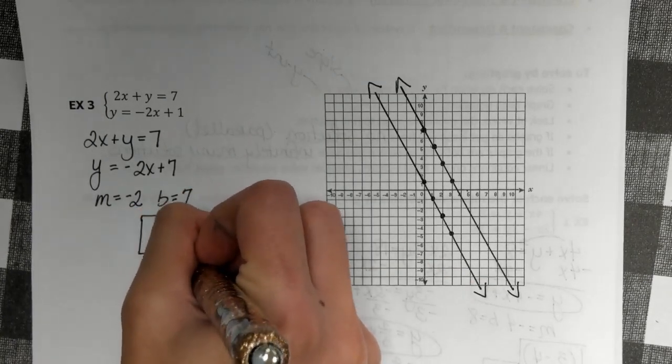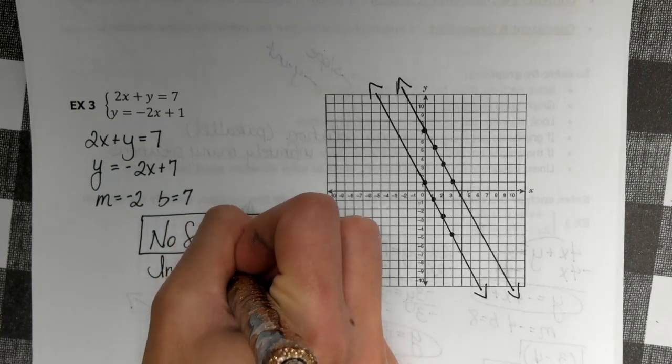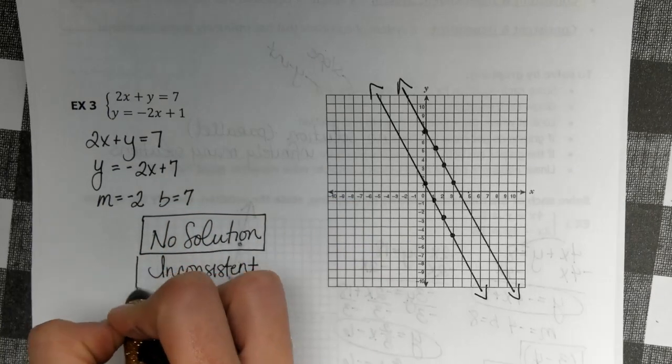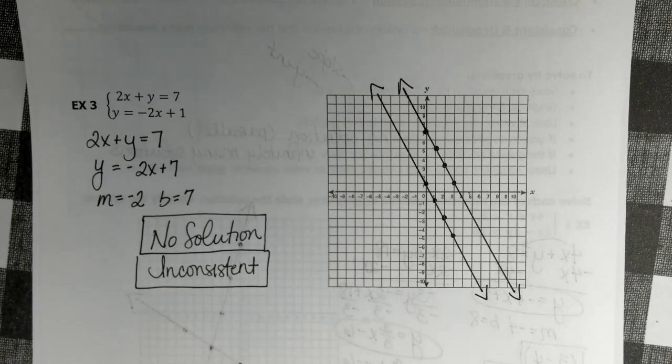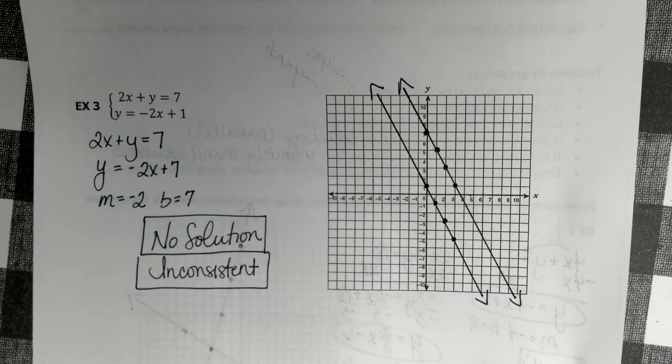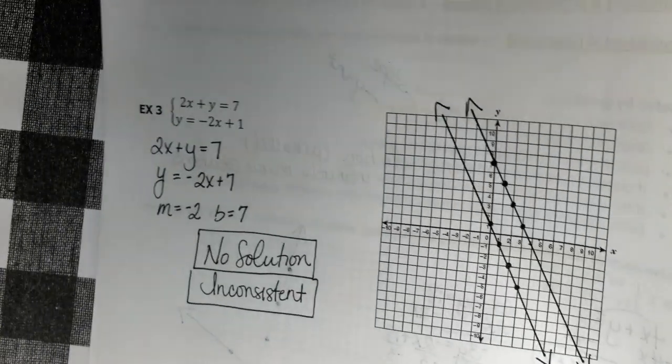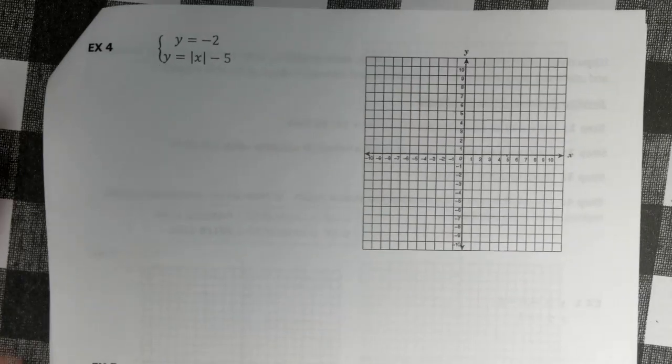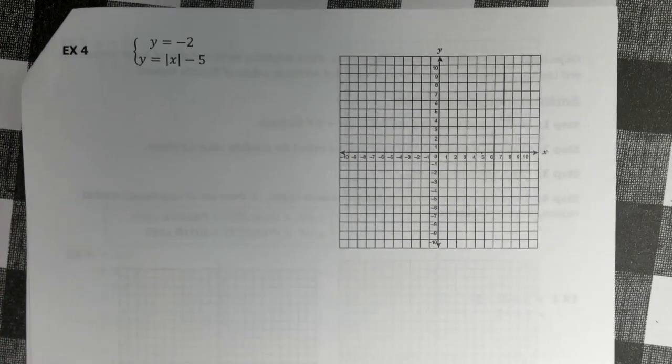So that would be an inconsistent system. We good? Okay.